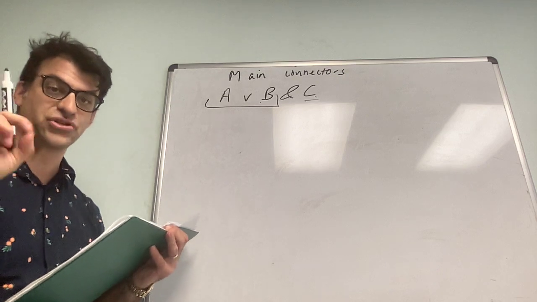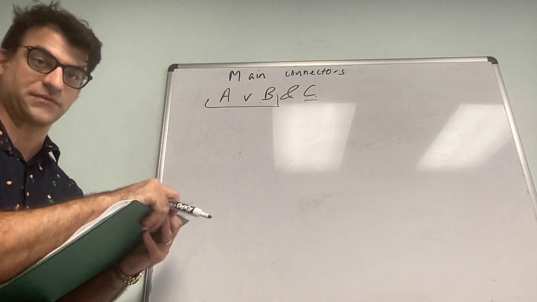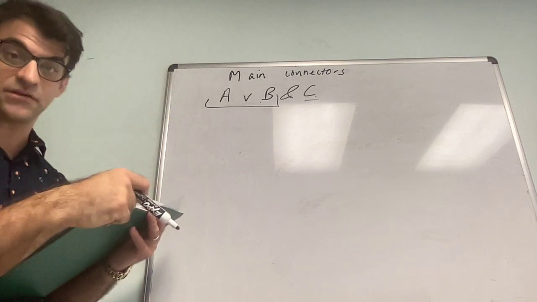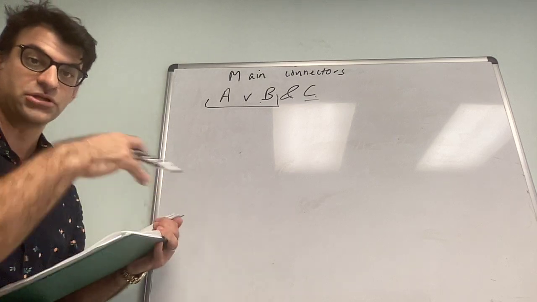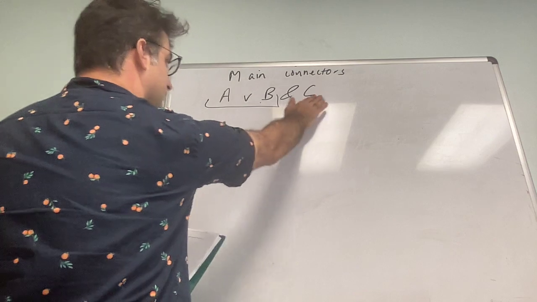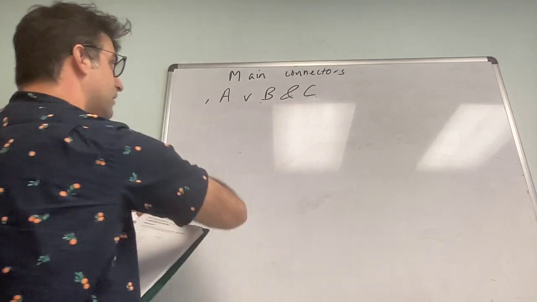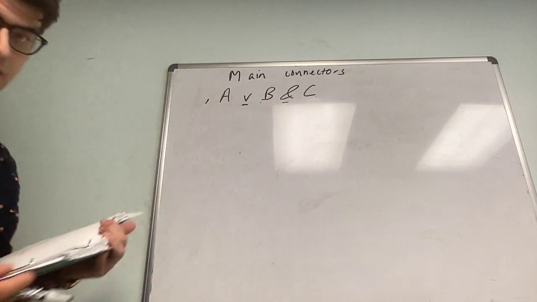So whenever you have two connectors, let's leave negation aside. Negation we'll talk about differently, but these two-place connectors that have a left and a right, you're going to need punctuation to show what they are connecting. Okay, right? An or has a left and a right side, and an and has a left and a right side.